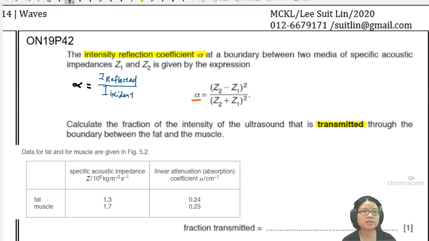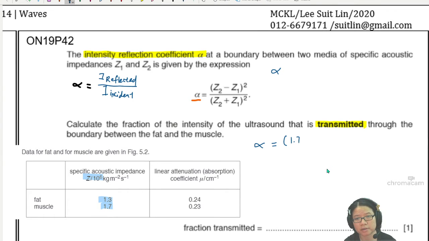Let us find the value of alpha first. For convenience, I have placed the table here. We're going to use the values of Z. So these are my Z values. I'll write here for us. Of course, you're going to write here during the exam. So I'm going to use the equation now.